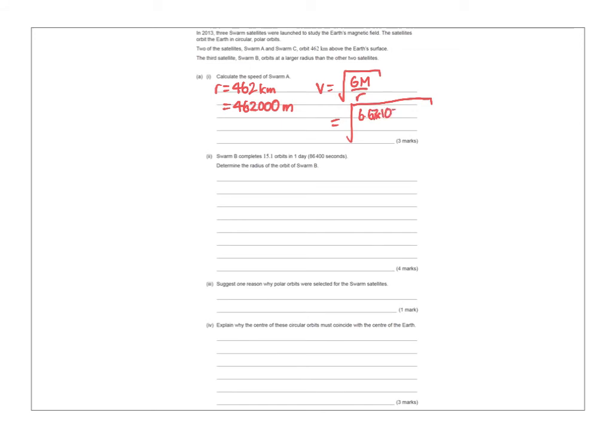6.67 times 10 to the minus 11 times, what do we say? 5.97 times 10 to the 24 divided by 462,000. Then we plug that into our calculator.